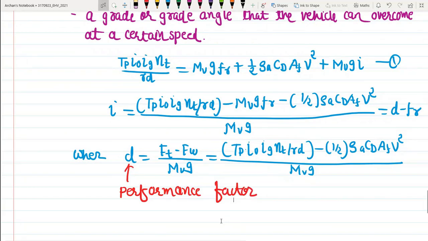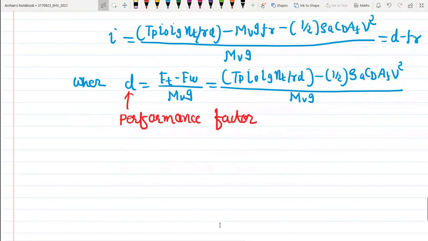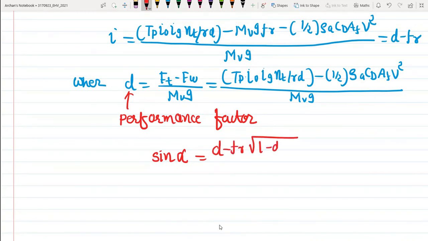While the vehicle drives on a road with a large grade, the gradability of the vehicle can be calculated as sin alpha equal to D minus f_r square root of 1 minus D square plus f_r square upon 1 plus f_r whole square.